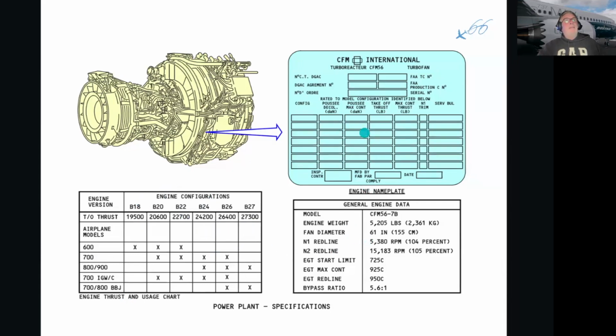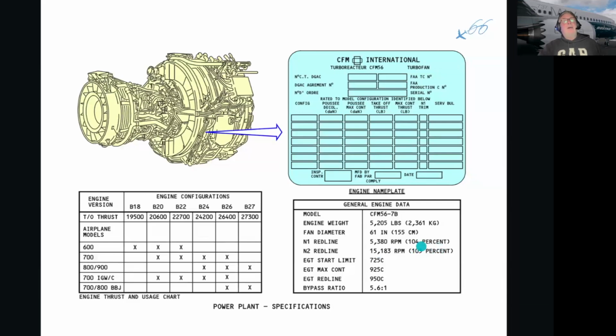On the data plate itself, we have the general engine data: what the N1 red line is, what the N2 red line is. Red line means the exceedance limit. The N1 red line, as you can see, is 5,380 RPM, which equates to the engine being at 104% power.